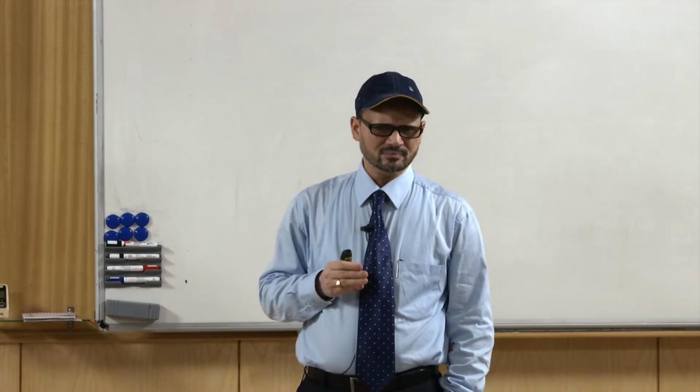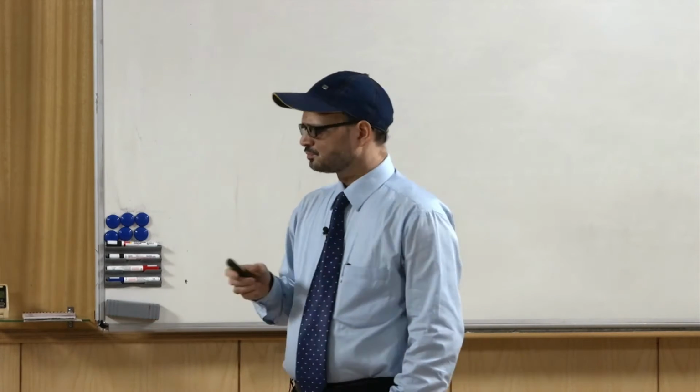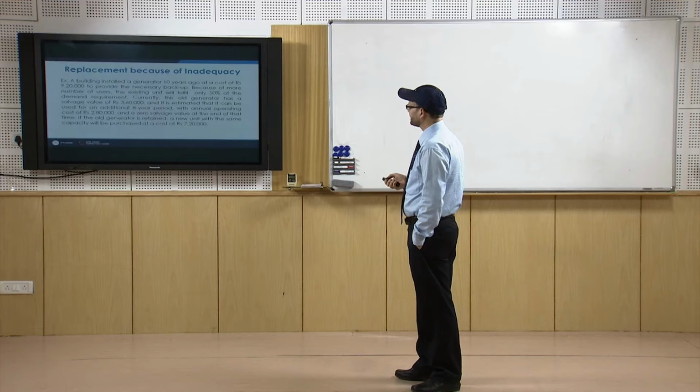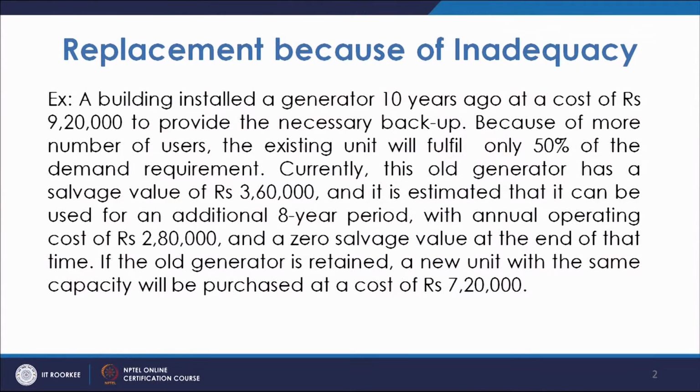So, the problem is that a building installed a generator 10 years ago at a cost of rupees 9,20,000 to provide the necessary backup. Now, since there are more users, it is only able to fulfill 50% of the demand.